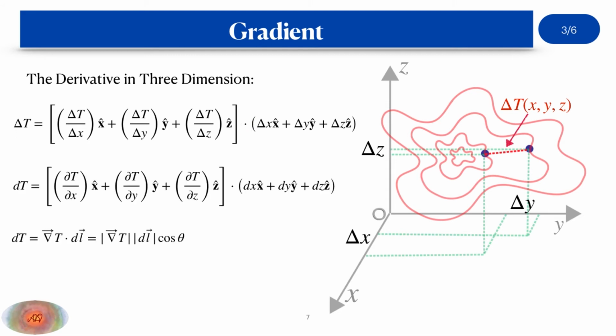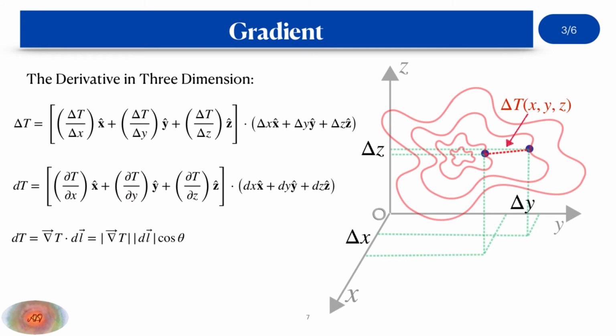Next, if you consider that this delta x, delta y and delta z all tend to 0 because of increasing the accuracy of your calculation, then this will be represented by the partial derivative, because the temperature, the scalar field here, is a function of all the three coordinates, that is x, y and z.